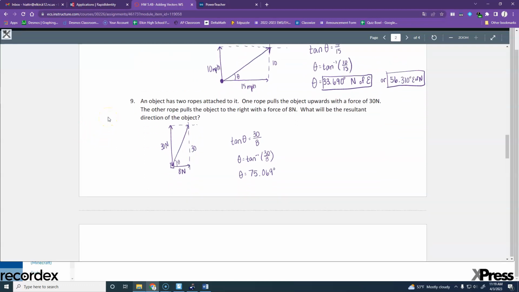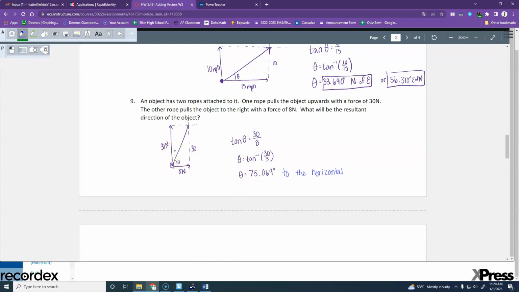For number 9, I found this angle right here. And really, to be a little more specific, I could say 75.069 degrees to the horizontal. Okay. You may have found this angle here.